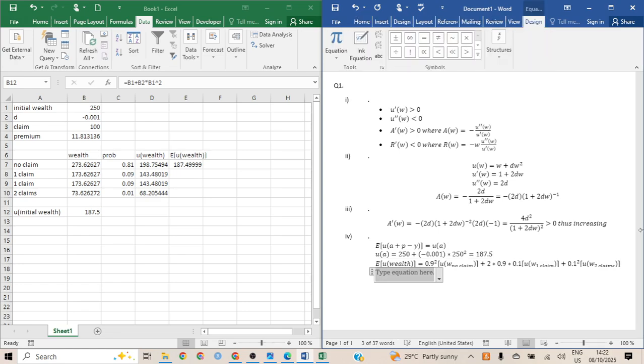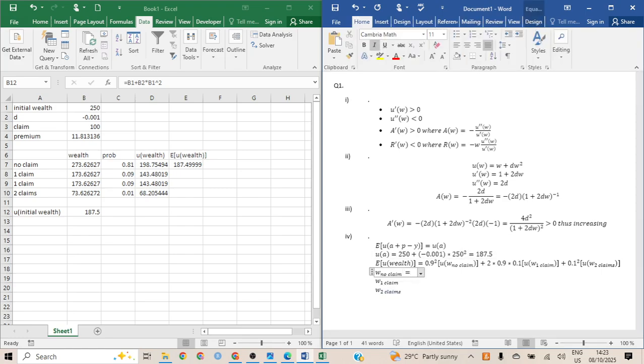From there, we'll just show the examiner what we mean by wealth when there is no claim, wealth when we have one claim, and wealth when we have 2 claims. When there is no claim, our wealth was 250 plus 2p, because at this point we do not know what premium to charge.